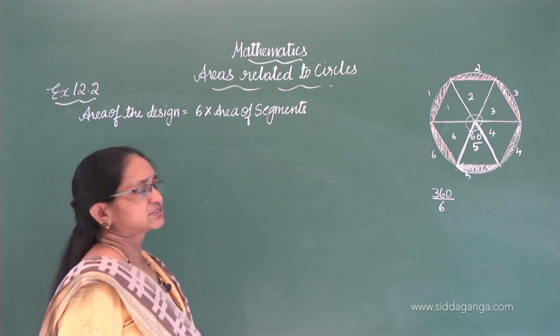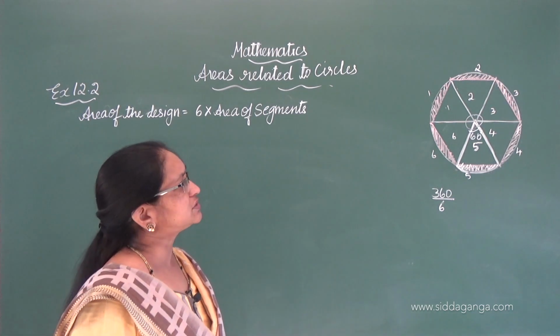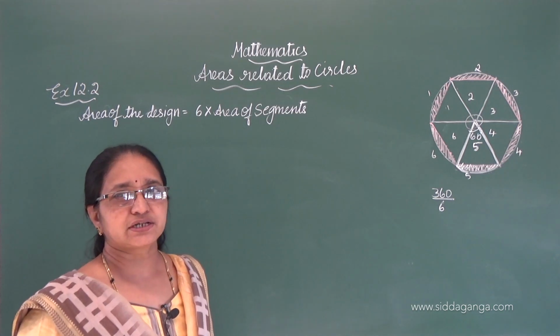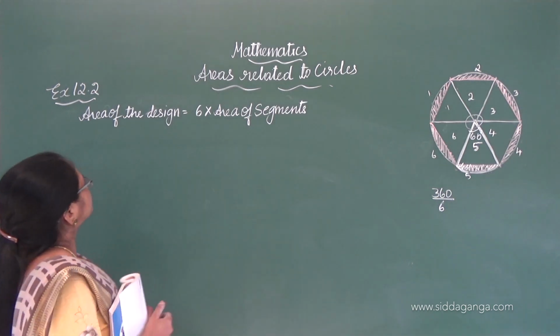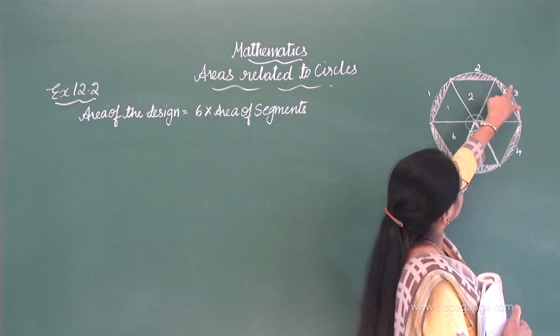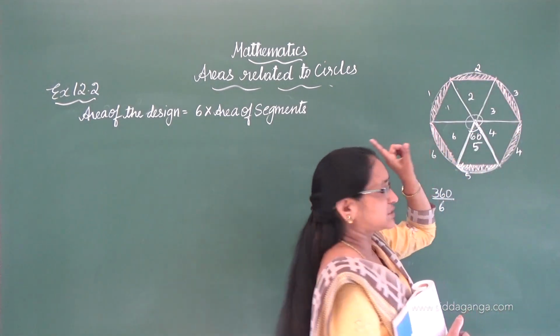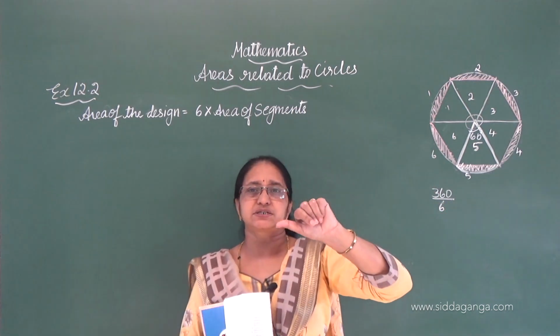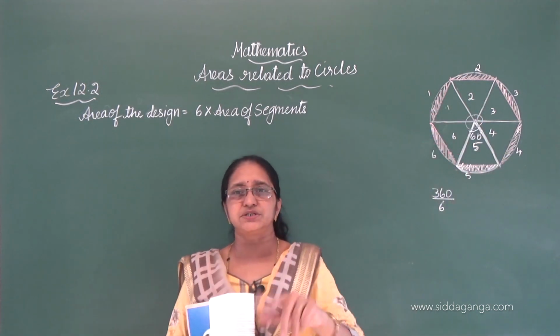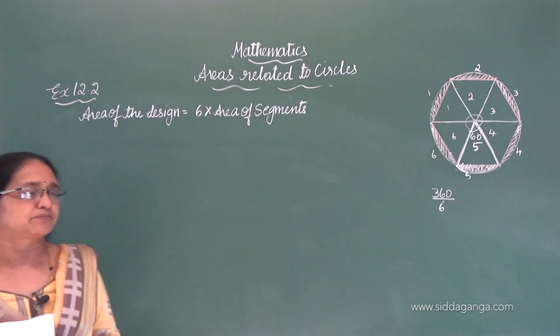I hope it is clear. The first step, area of the design. Design means here 1, 2, 3, 4, 5, 6. How many segments are there? 6 segments are there, and you are going to find the area of 6, so 6 into area of segment.